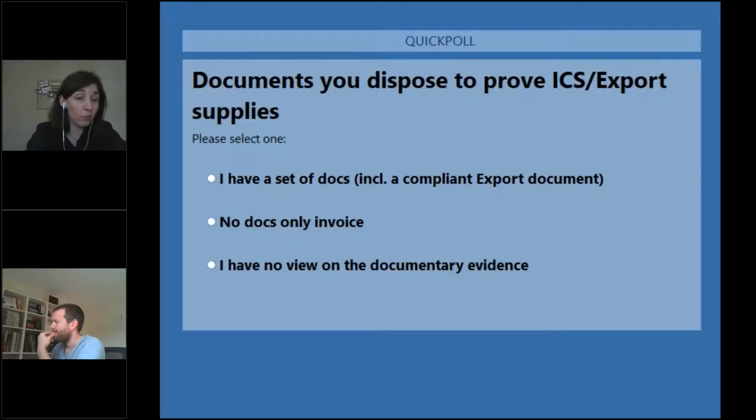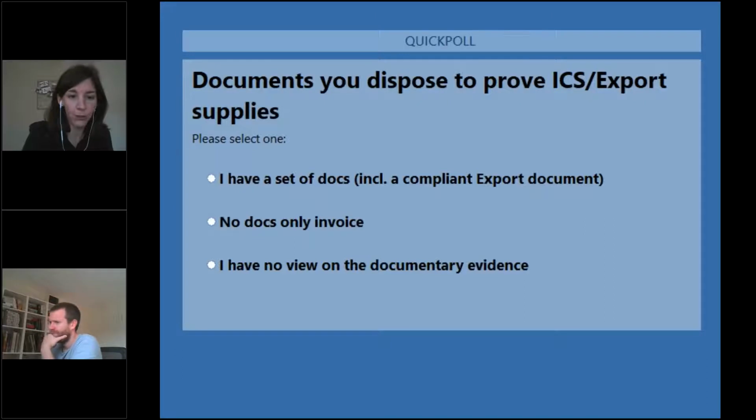So the question is, now that you have a good insight on which type of documents are required to prove the transport to another EU country, and this is also valid for export supply to a non-EU country as well. Answer A is you have a set of documents to prove this transfer, including, and that's more for export supply, a compliant export document.